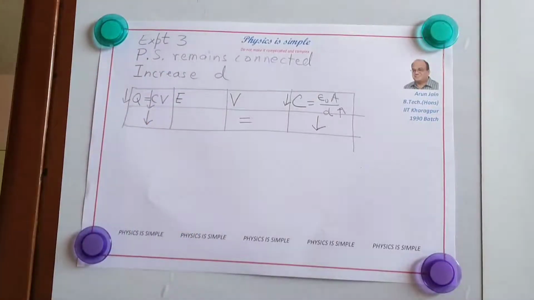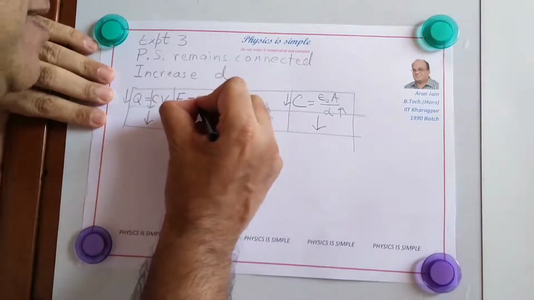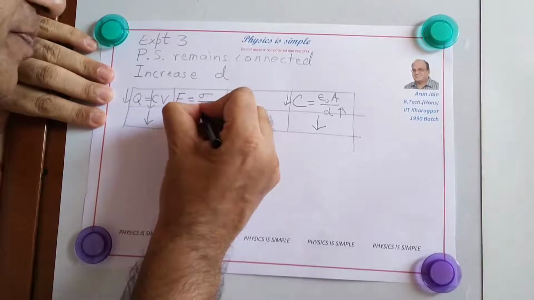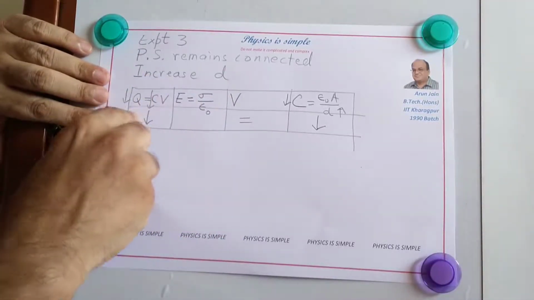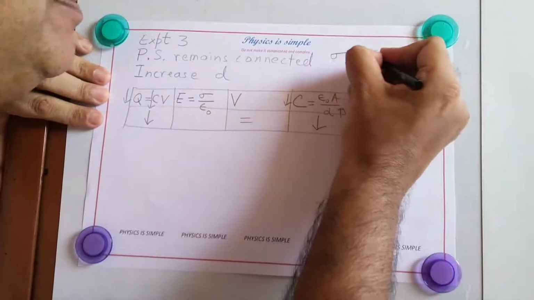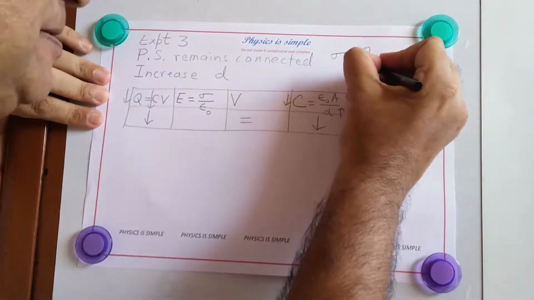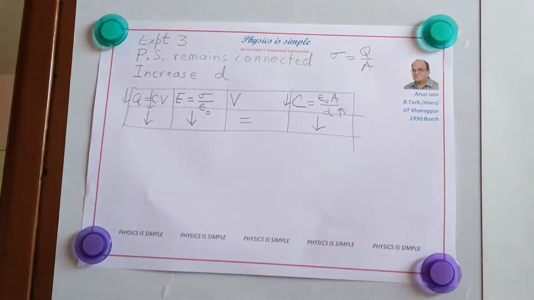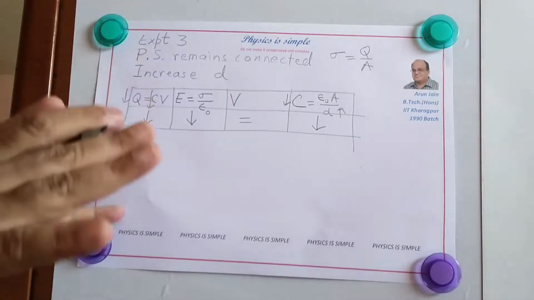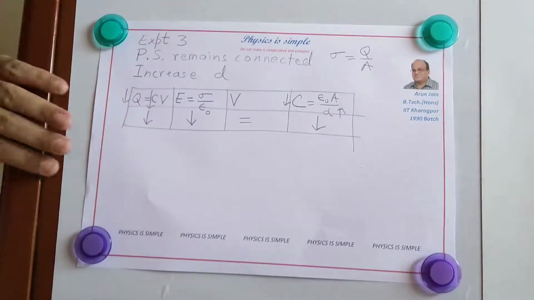What about the electric field between the plates? Electric field is given by sigma by epsilon naught. Now sigma is charge per unit area. Therefore, as charge is decreasing, the electric field also must decrease. So only the voltage, the potential difference between the plates remains constant. All other parameters Q, E and C decrease.